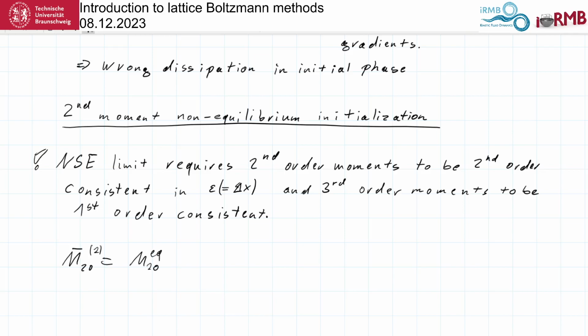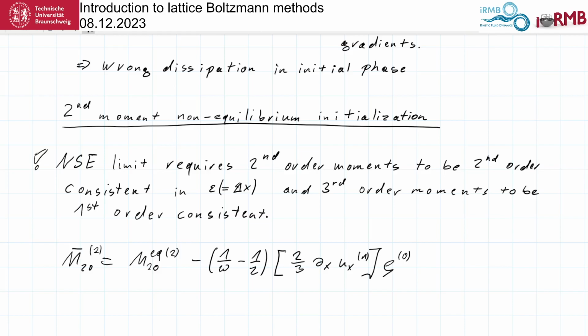M20 equilibrium to second order minus 1 over omega minus 1/2. Here comes 2/3 dx ux, and this now to first order. Yeah, we are losing one order to the derivative, so to speak. Yeah, and this into rho to the zero order.